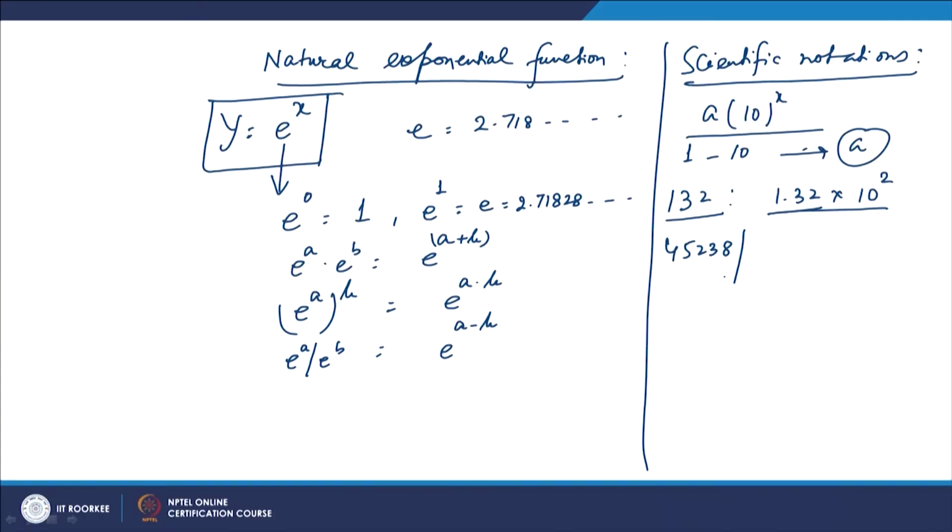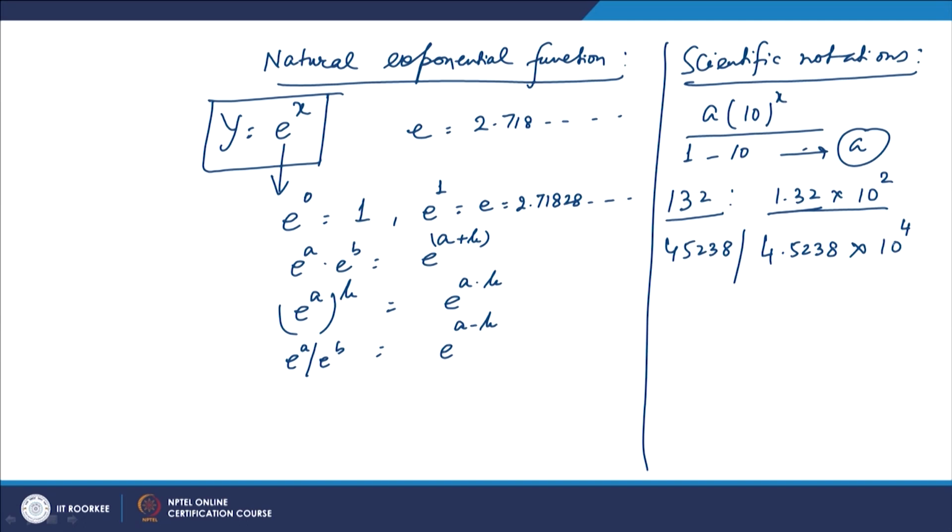Now you are having the decimal point here, and this number is 45238.0 basically. Now the decimal is moved 1, 2, 3, 4 places, so it will be 4.5238, and since we are moving 4 places towards the left, you are going to use the exponent 4 as the positive value. So that way we represent.